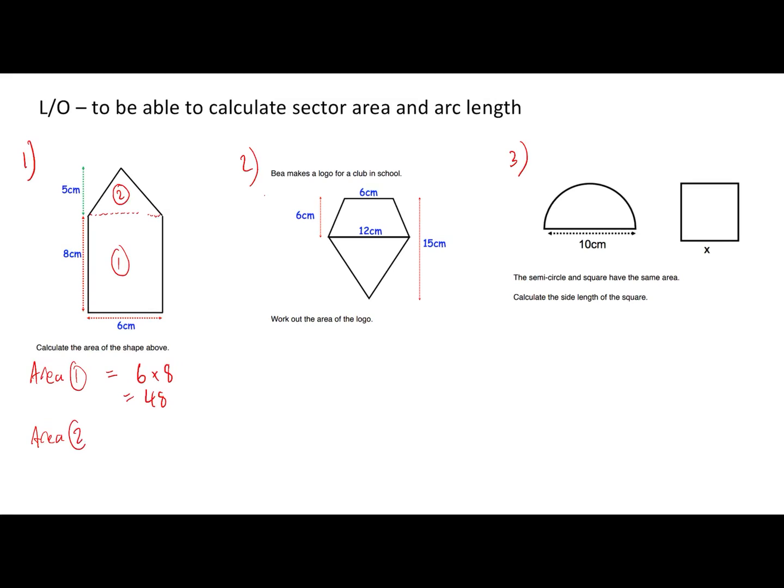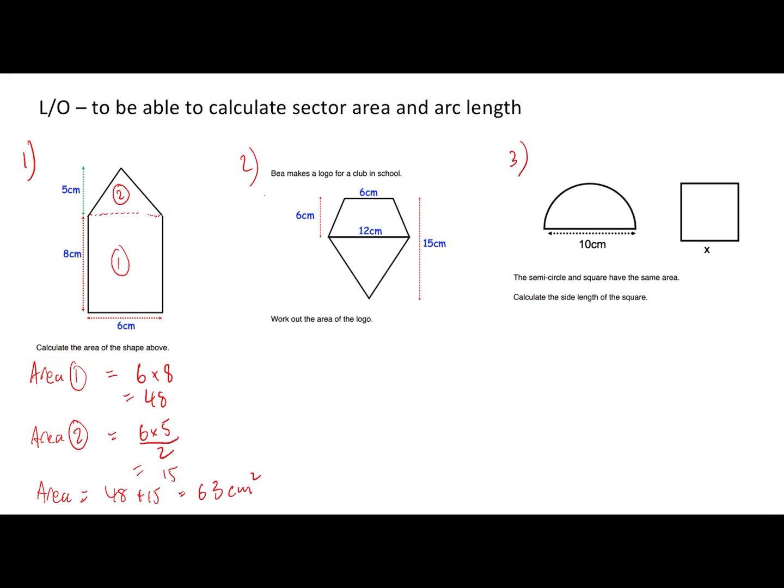And the area of shape 2, which is a triangle, has base times height divided by 2 because it's a triangle, which would be 30 divided by 2, that would be 15. And so the total area is going to be equal to 48 plus 15, which is going to be equal to 63 centimetres squared.